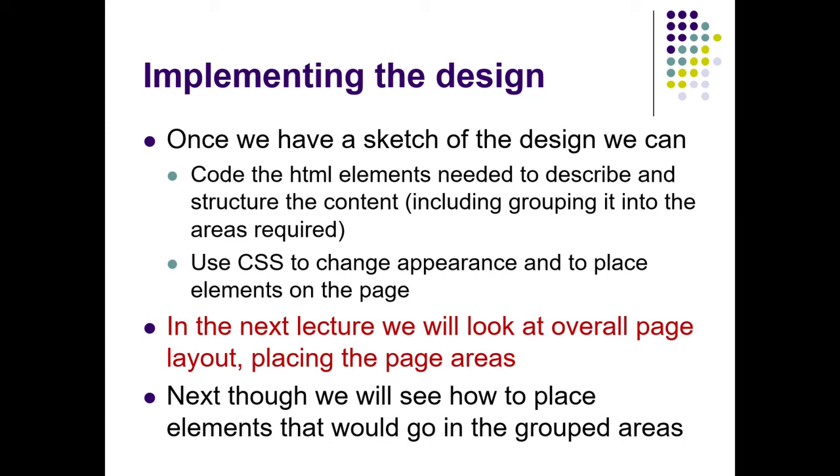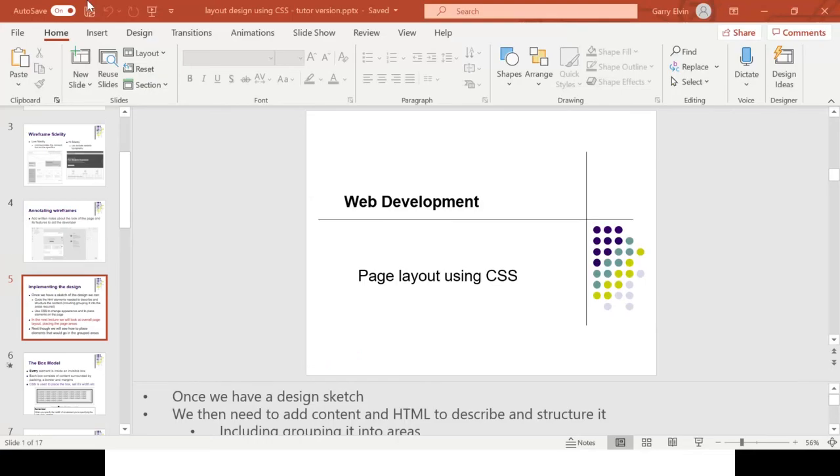All that design within those grouped areas is the focus of this lecture as a starting point, and therefore this week's workshop tasks as well. Before we move on, let's take a look at some examples of these grouped areas in HTML.